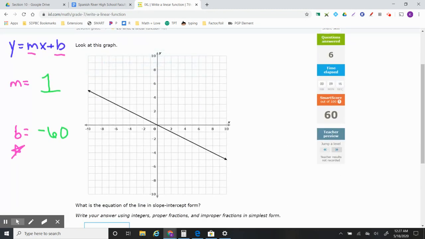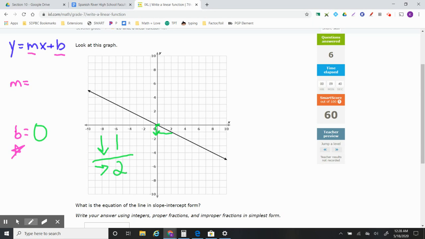Ooh, this one's a little different. Okay, still starting where it crosses, right here at 0. But the slope this time, I'm going down one box, down one box, and then over 2.